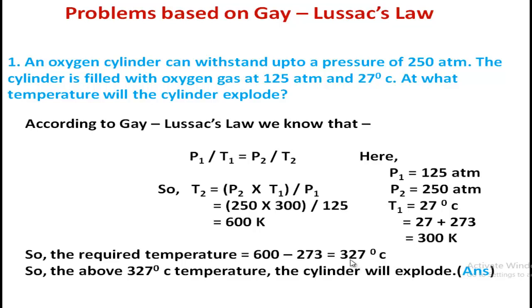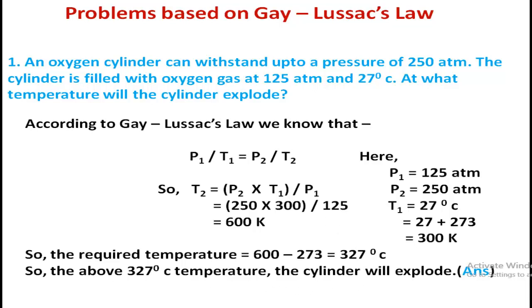So up to 327 degrees centigrade it will not explode, but above 327 degrees centigrade the cylinder will explode, because at this maximum tolerable pressure the temperature is 327 degrees centigrade. So above this it will explode.